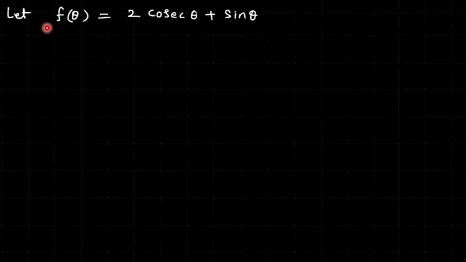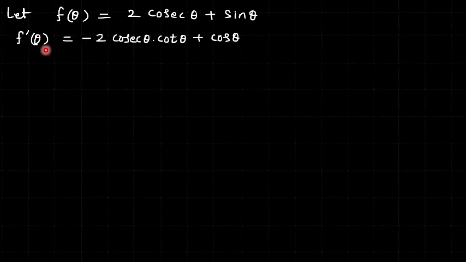So let's say f theta is equal to 2 cosec theta plus sine theta. For f theta, f dash theta would be minus 2 cosec theta cot theta plus cos theta. Let's first just simplify that thing. This cosec theta cot theta is equal to cos theta by sine square theta, since cosec theta is 1 by sine theta, so that is minus 2 cos theta by sine square theta.